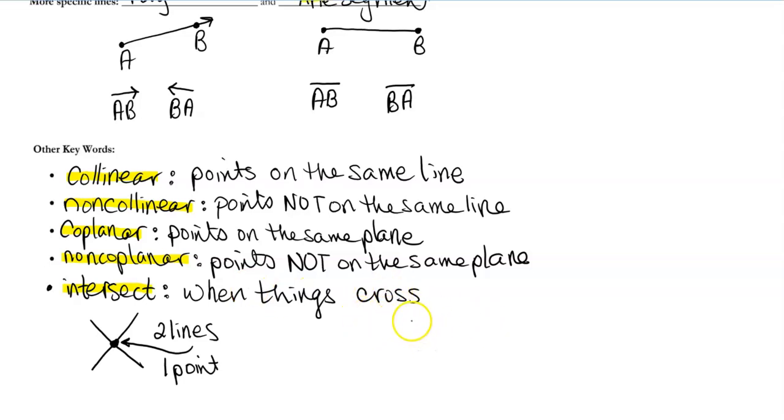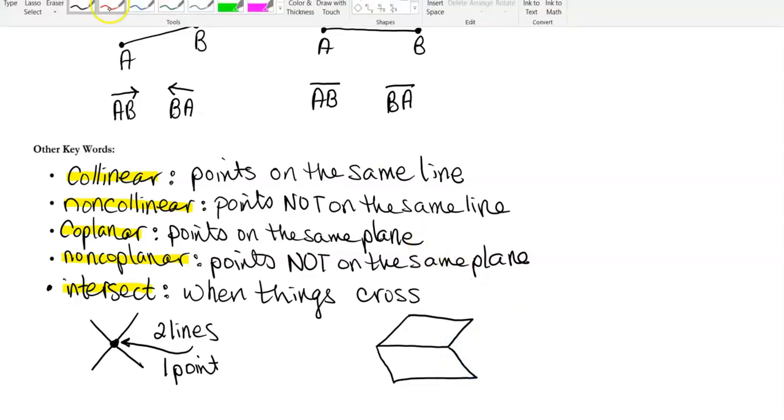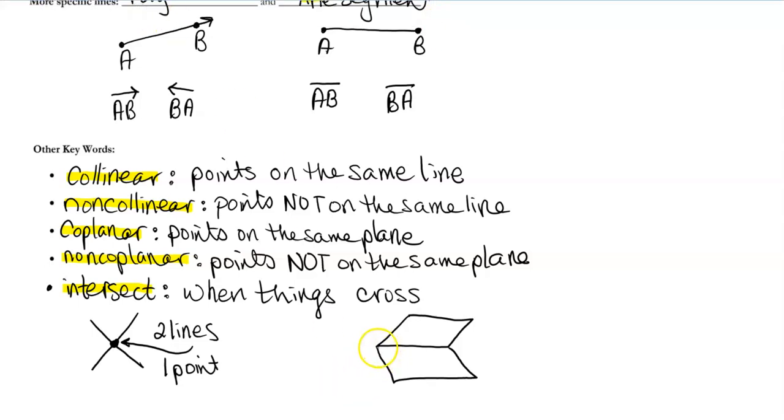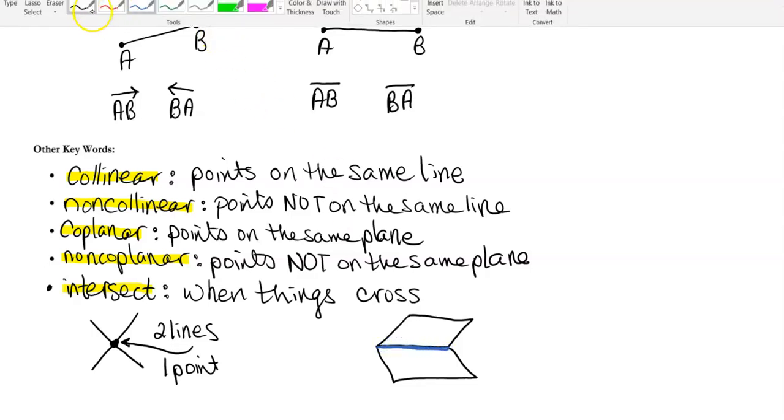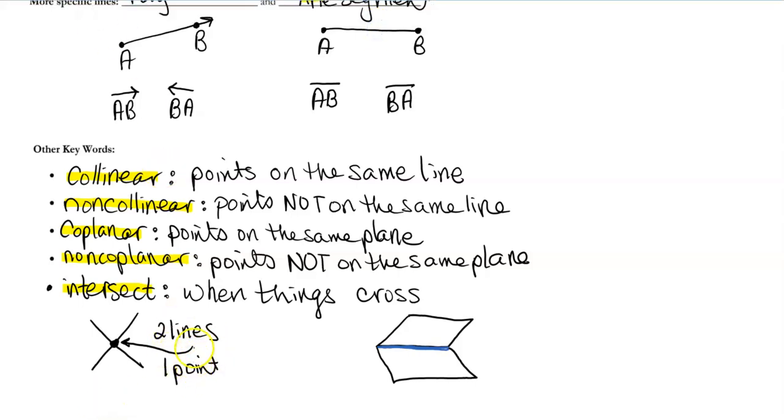Okay, when planes cross, so here's a plane, and I'm going to draw this one here. If you notice where planes cross, let me change colors, they intersect at this whole thing right here. And that is a line.